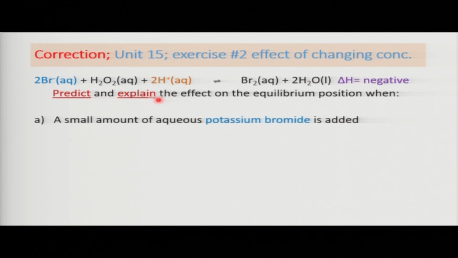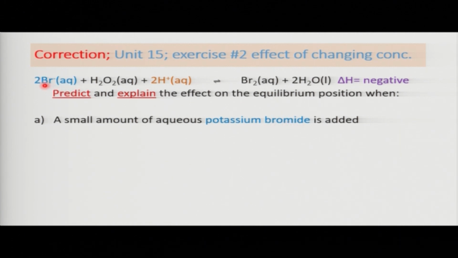Predict and explain the effect on equilibrium position when a small amount of potassium bromide is added. In this case, when you add potassium bromide, it brings in the bromide ions. So the first consequence that will occur on addition of potassium bromide is that the bromide ions will increase because this ionizes.